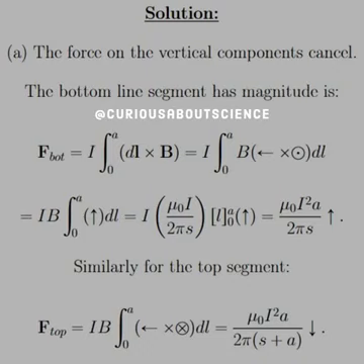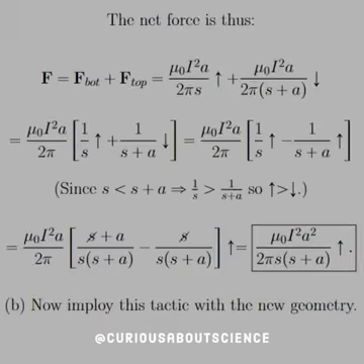That's what we see here. The only difference is that instead of S in the denominator, we have S plus A due to the increase of height due to the square length itself. But we know from superposition that the net force is the vector sum, and so we can just add them together. And that's what we do here.